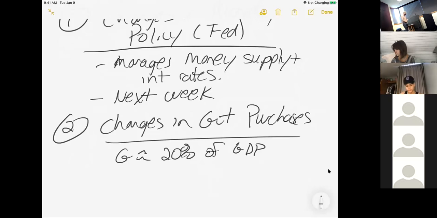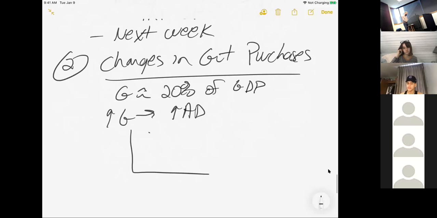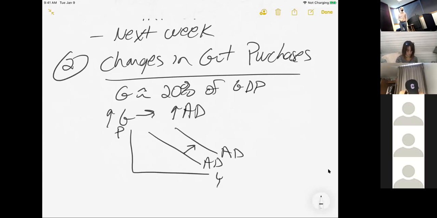Of course it can. Specifically, if the government spends more, this is going to increase aggregate demand. It's going to shift aggregate demand to the right, towards higher output.